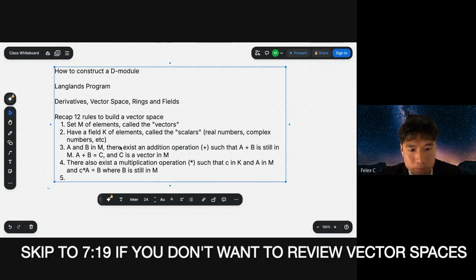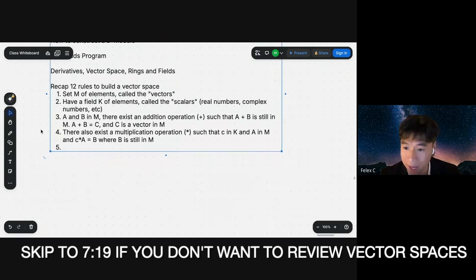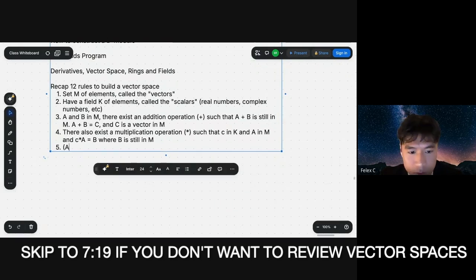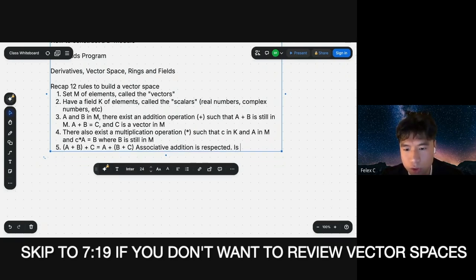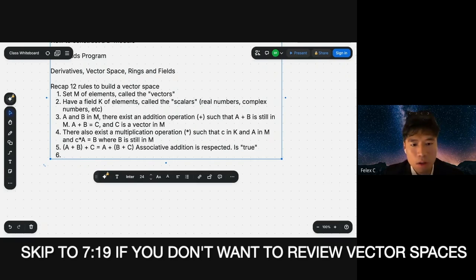Now the addition operation has to respect associativity. So A plus B plus C is equal to A plus B plus C. Associative addition is respected. The addition operation must also commute.